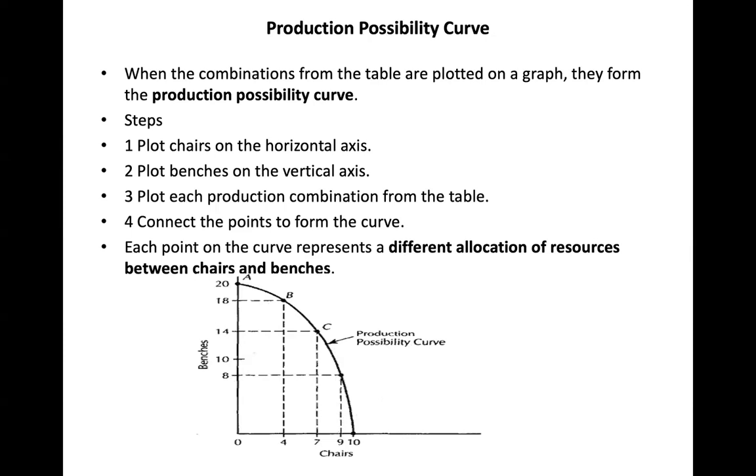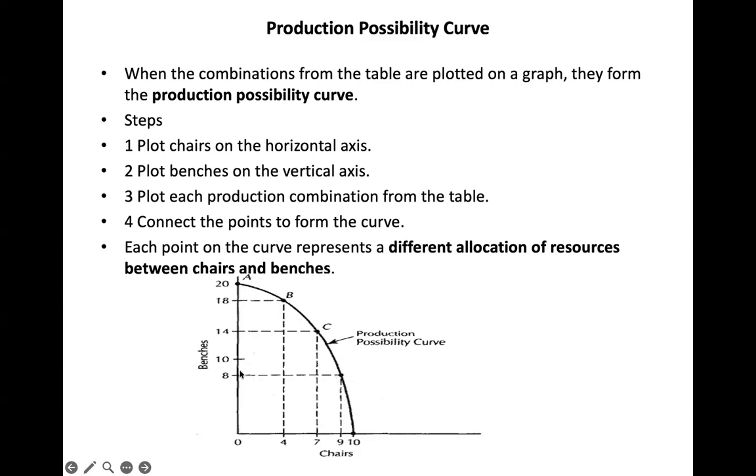So each point on the curve represents a different allocation of resources between chairs and benches. Point A: 20 benches, 0 chairs. Point B: 18 benches, 4 chairs. Point C: 14 benches, 7 chairs.